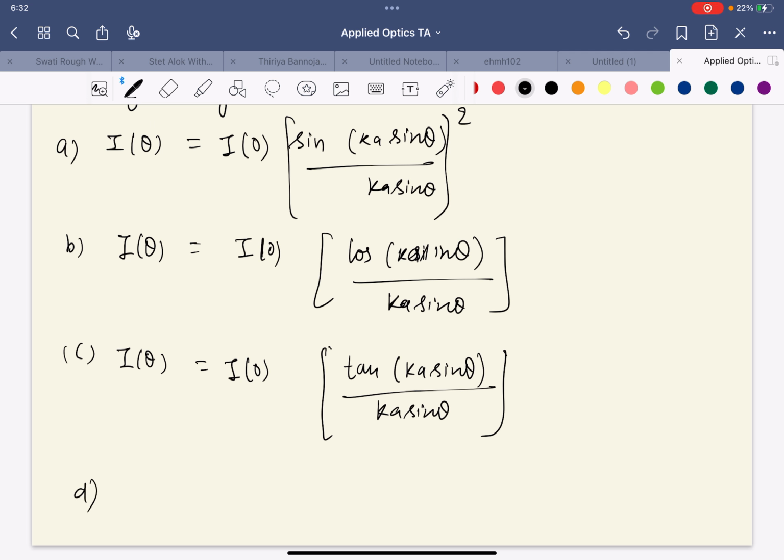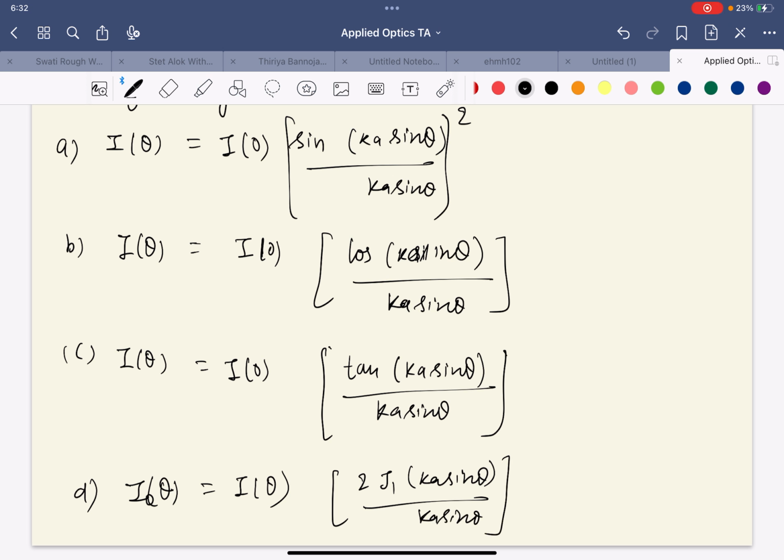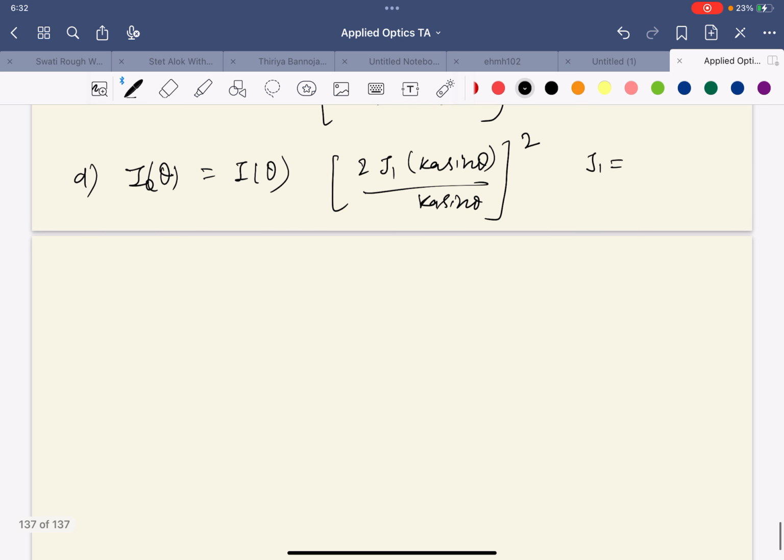And option D is I theta equal to I0 [2J1(ka sin theta) upon ka sin theta] whole square, where J1 is the Bessel function. So which one is the right answer according to you?